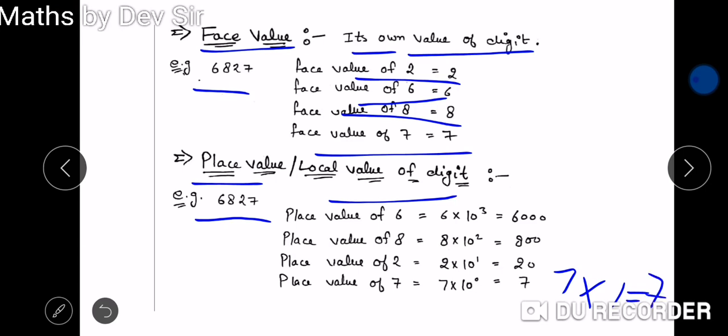Next is 2. 2 is at 10's place, so to find out its place value we will multiply it by 10, then its place value will be 20.